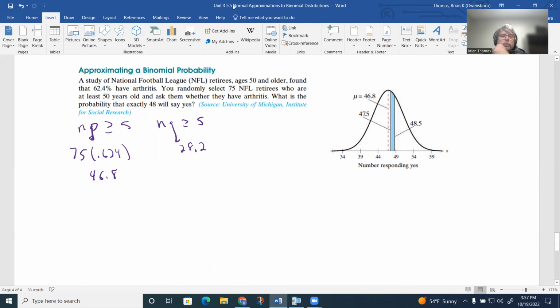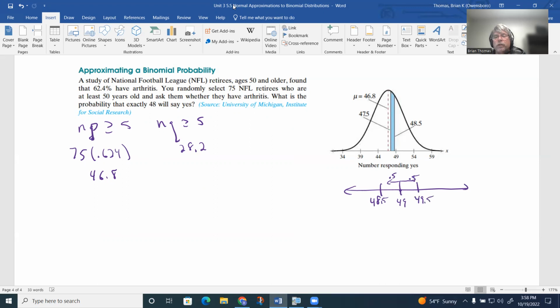All right. So remember, when we're doing exactly one value, right now on my number line the 49 is here in the middle, but since it's exactly 49, what we do is go 0.5 to the left, which is now 48.5, and 0.5 to the right, which would be 49.5.